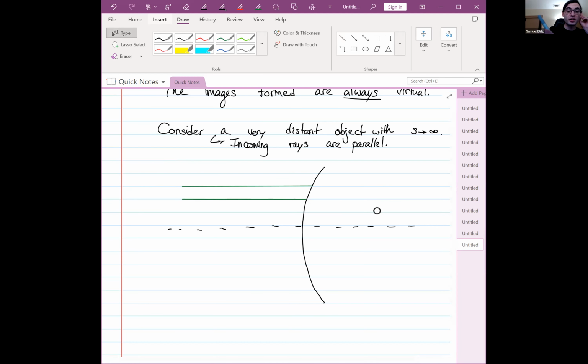Now, these rays are going to deflect off at some angle. We can figure out what that angle is, but the end result is that they converge. Sorry, let me do this right.